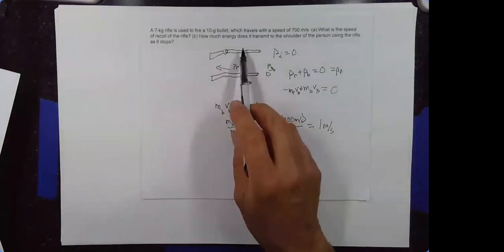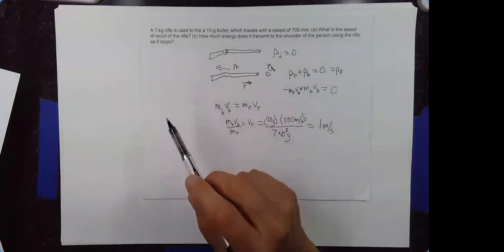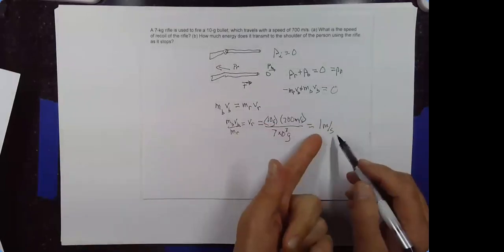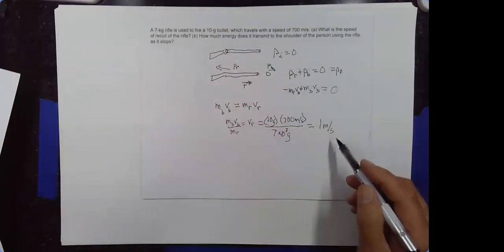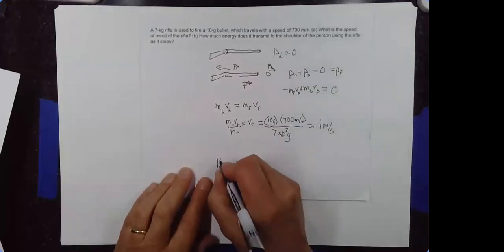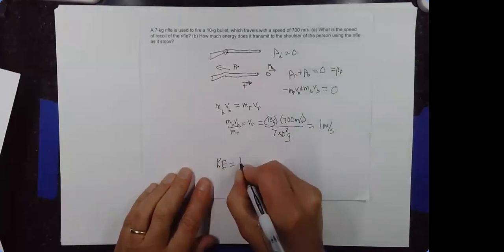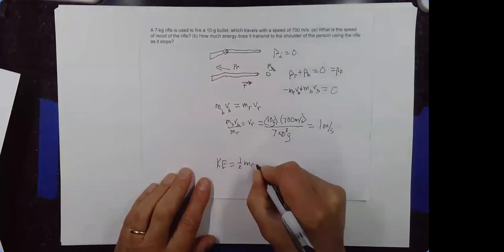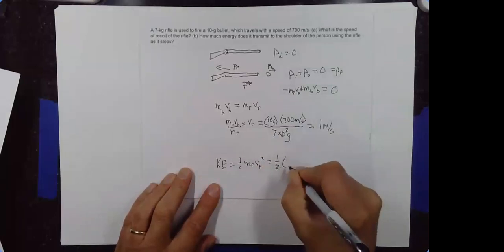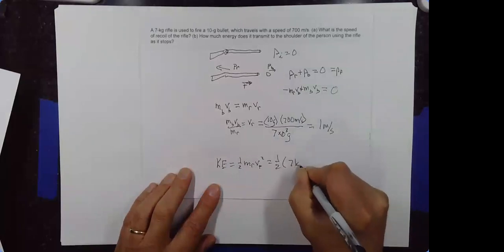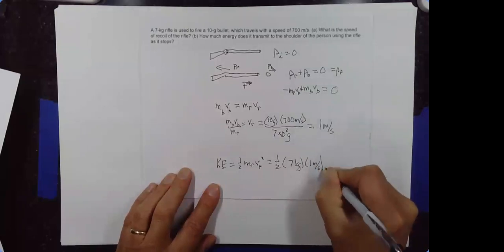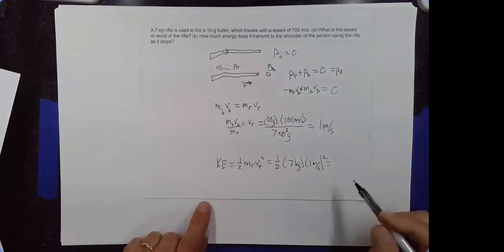B asks, how much energy does it transmit to the shoulder of the person using the rifle as it stops? Well, the rifle is going to have a kinetic energy of this much. Its kinetic energy is going to be 1/2 the mass of the rifle times the speed of the rifle squared, which is 1/2 times 7 kilograms times 1 meter per second squared, which comes out to 3.5.